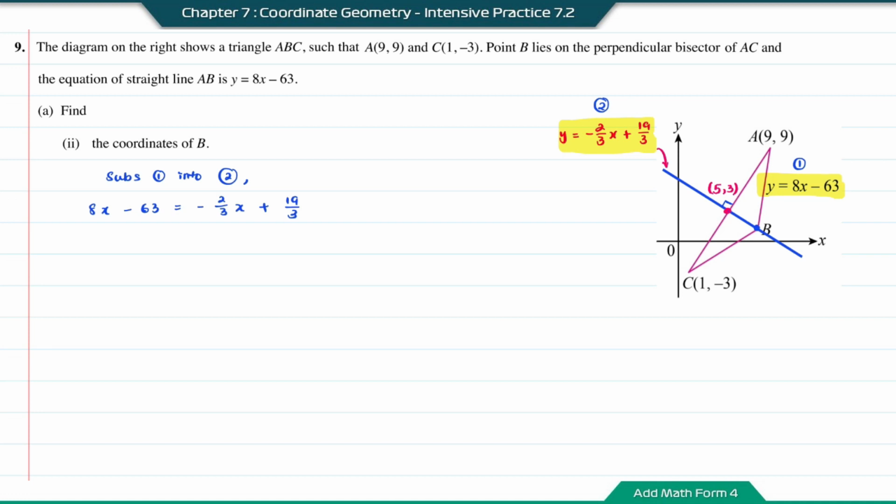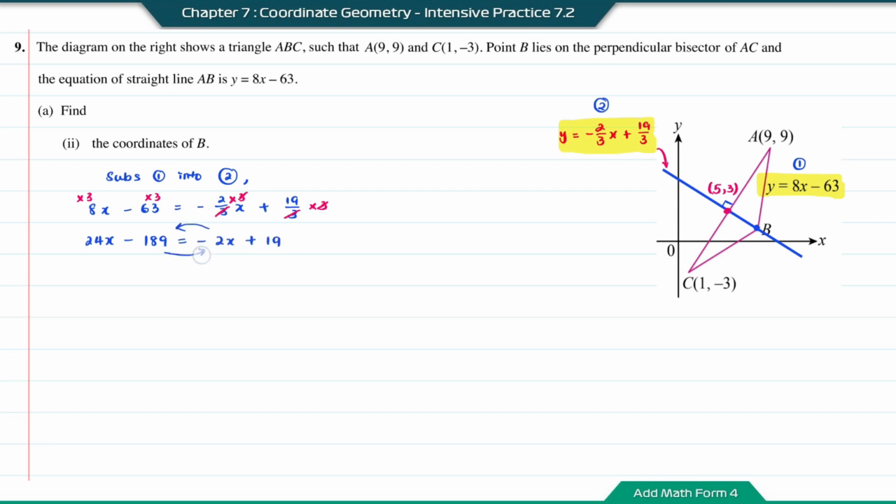Let's say we don't want to deal with the fractions here. Then for every term here, I'm going to multiply it by 3. When negative 2 over 3 times 3, the 3 will be cancelled. This is the same as 19 over 3 times 3. So 3 times 8x is equal to 24x, and 63 times 3 is equal to 189. This is equal to negative 2x plus 19.